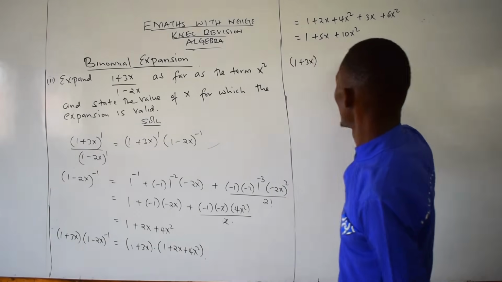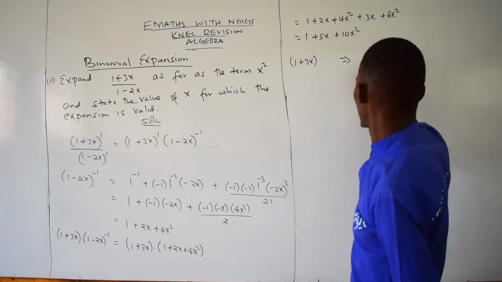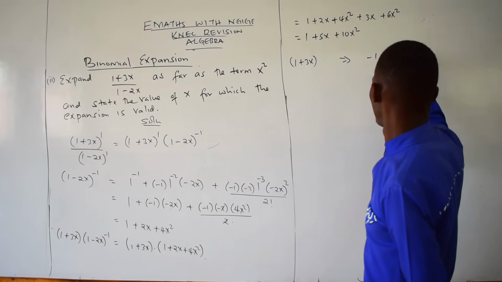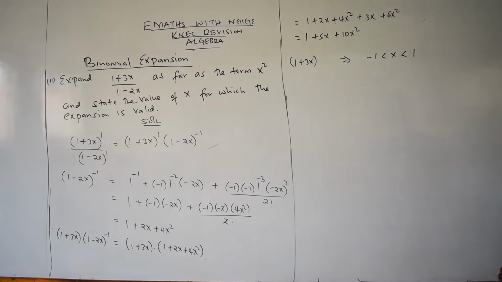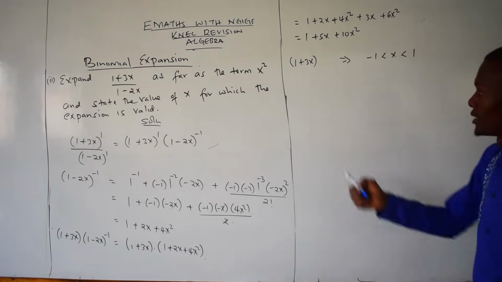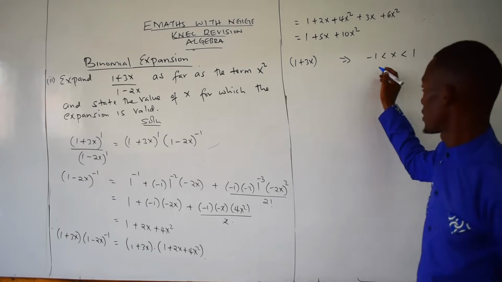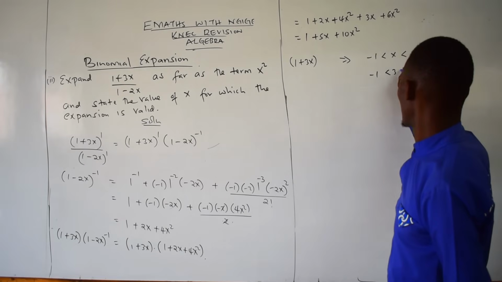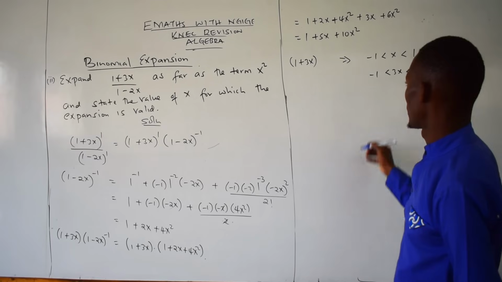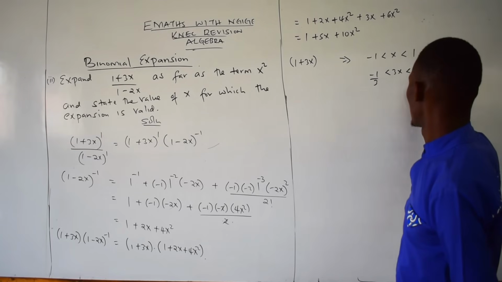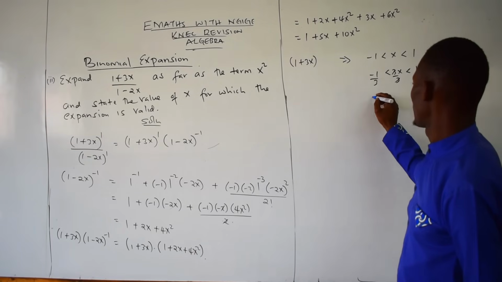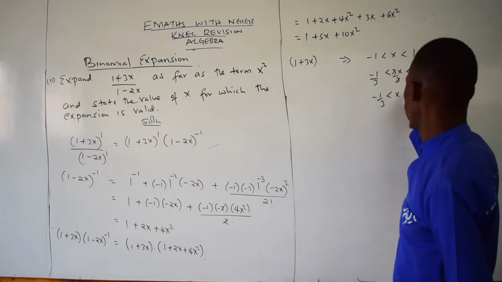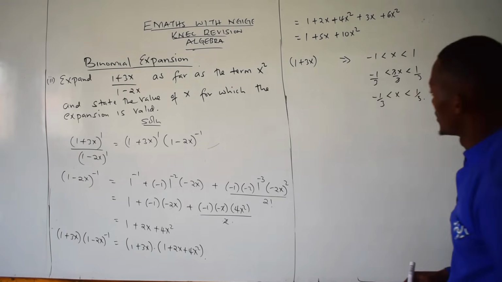So we know normally our value of x ranges between negative 1 and 1. But here we have 3x. So therefore, negative 1 less than 3x less than 1. So you divide all by 3, and you have negative a third less than x less than a third.